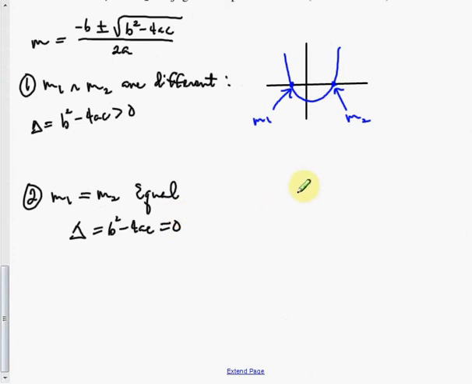And graphically, let's see if it'll recognize this curve.